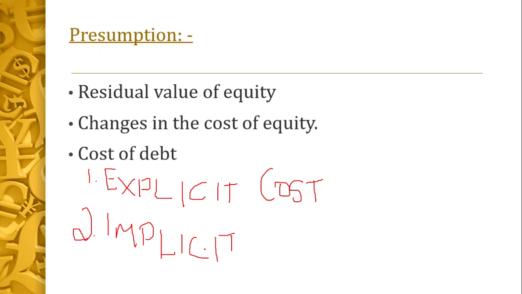Rate of interest. Do they mention specifically whenever a loan is given or bond is given or debentures are given? Will they mention 10% or how much you have to give? So, can we consider it to be explicit cost? So, what does explicit cost mean? Explicit cost is represented by rate of interest.